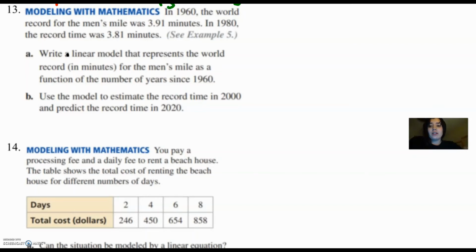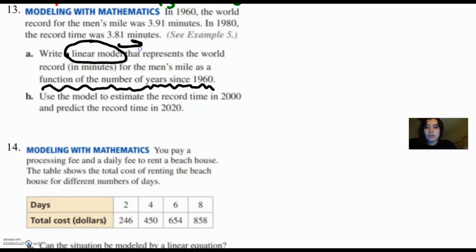We're going to write a linear model that represents the world record for the men's mile as a function of number of years since 1960. So they're asking for a linear model, which we know is a linear equation. So y equals mx plus b. Okay, but it's our job to find that equation. So what do we need?